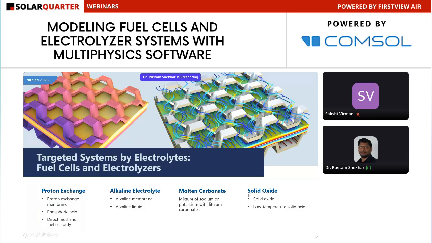In solid oxide, the oxide which is available in solid format can be used as an electrolyte or the membrane. Recently we saw updates that people want to bring down the temperature of SOFCs from 800 degrees Celsius to a lower temperature. So we may see low temperature SOFCs as well. They seem like low temperature, but they are not low enough to operate at room temperature.